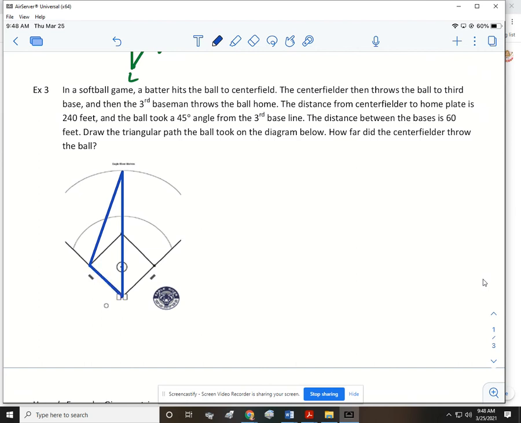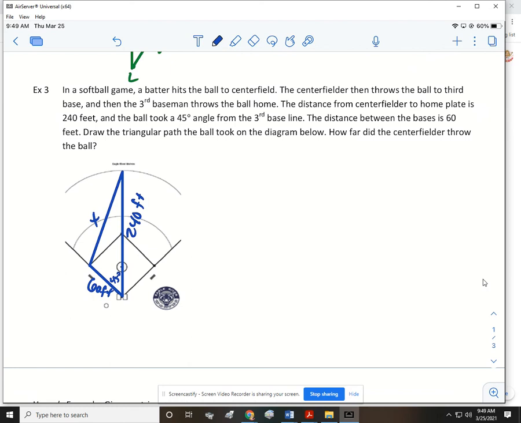It tells us the ball took a 45-degree angle from the third base line, that's 45 degrees, and traveled 240 feet to the center fielder. The distance between the bases is 60 feet. What we want to know is how far the center fielder threw the ball. That would be that distance right there.